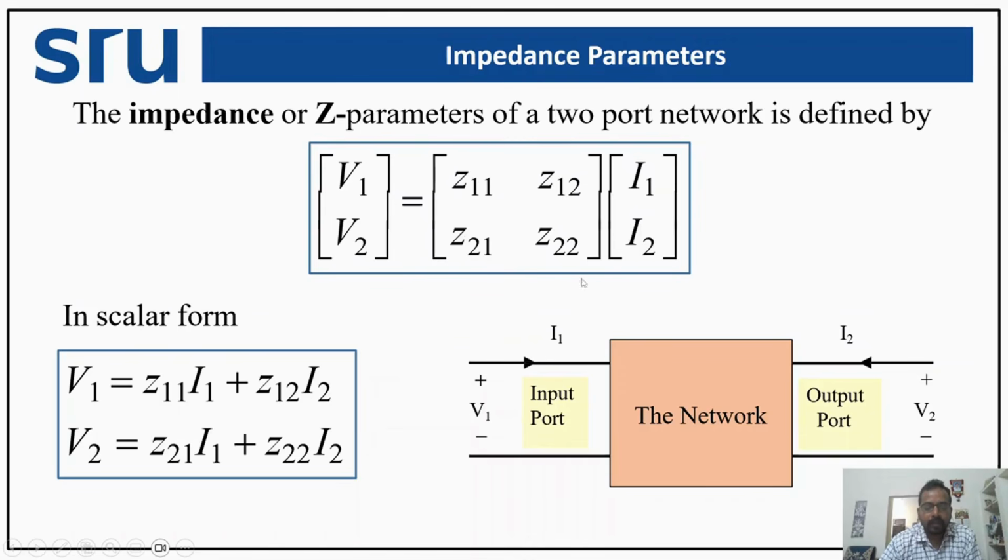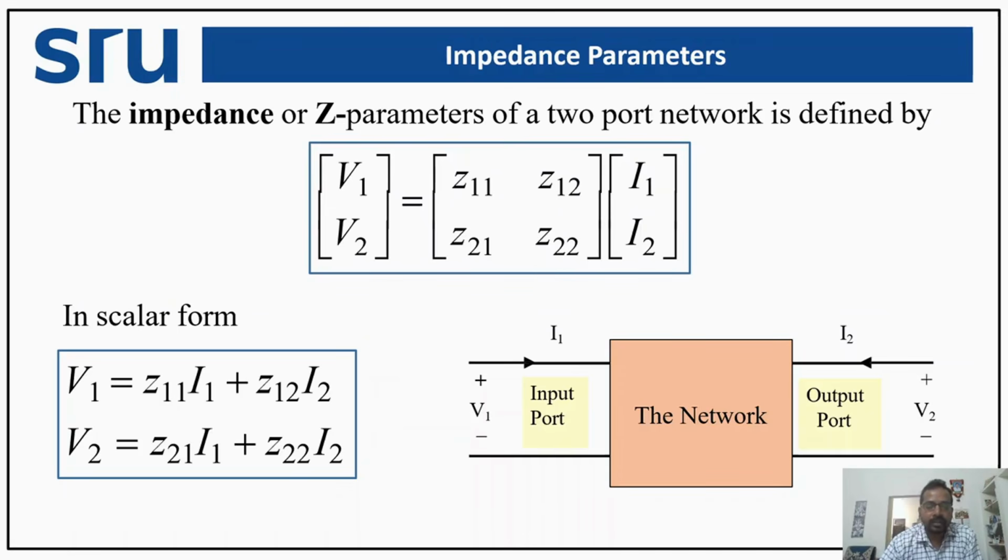Between them, we place a matrix containing the four parameters, that is Z11, Z12, Z21 and Z22. This matrix representation is extremely powerful because it allows systematic analysis of networks, especially when we are dealing with larger systems. In advanced electrical engineering subjects, matrix formulation becomes very common. So, this is an important point in building mathematical maturity as an engineer.